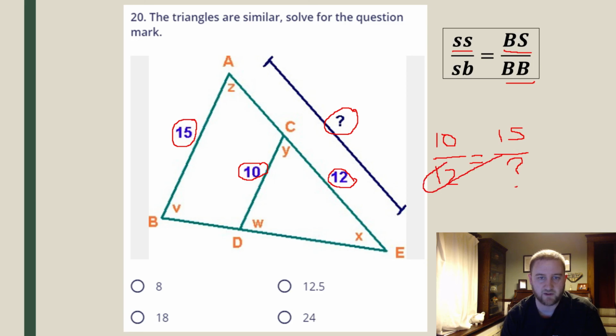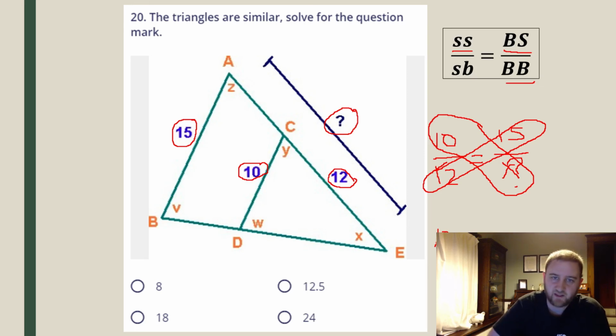So we're going to cross multiply here to solve for this. And I'm going to make this x just to make this easier. So 10 times x is 10x. And then 12 times 15, let's see, that'd be 174, I think.